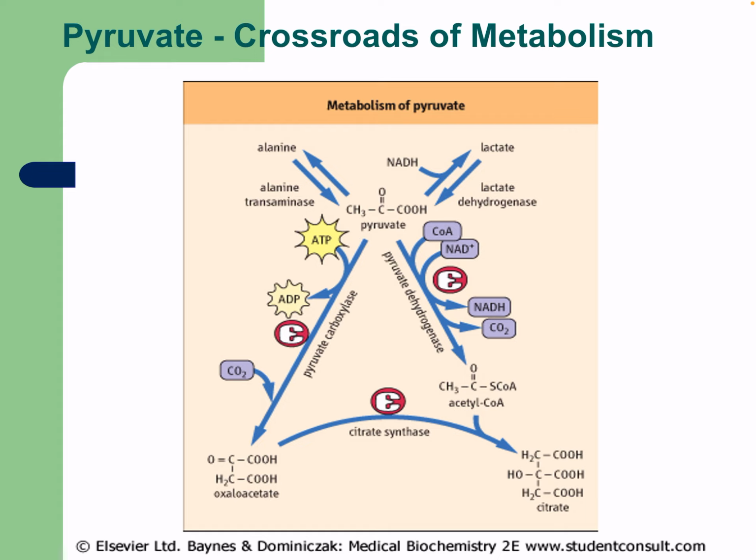Pyruvate is essentially a crossroads of metabolism. There's anaerobic metabolism, which we will talk about at some point. Essentially this is when we don't have oxygen available, for example when we exercise at extremely high intensity, like sprinting, and we're not getting oxygen fast enough for the energy required. So we have to use other mechanisms, using lactate dehydrogenase to produce lactate.